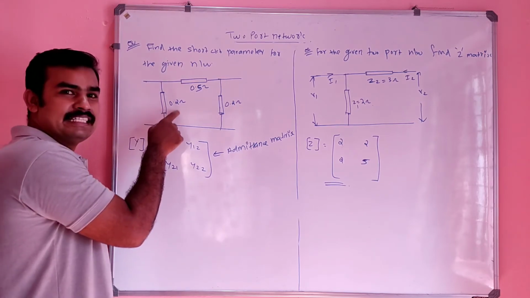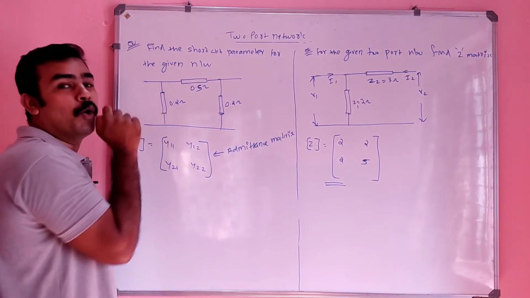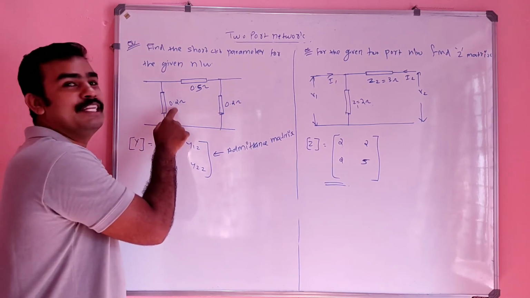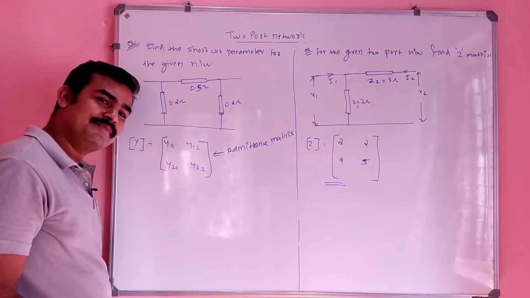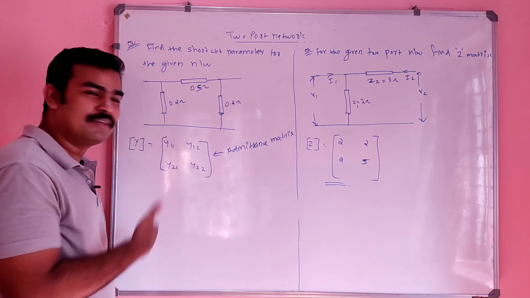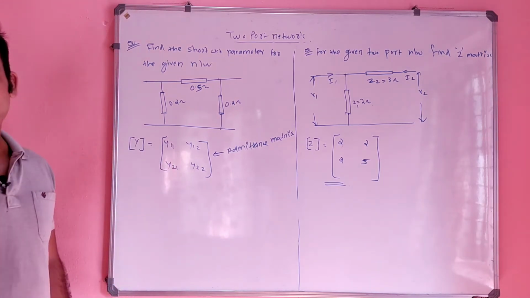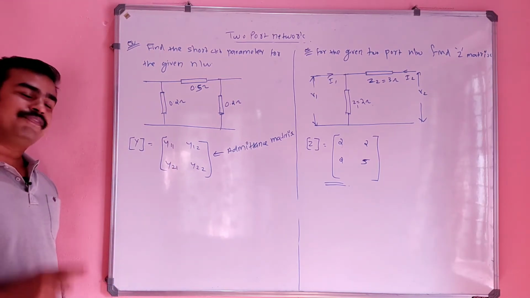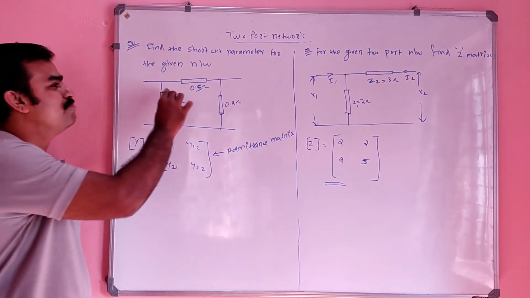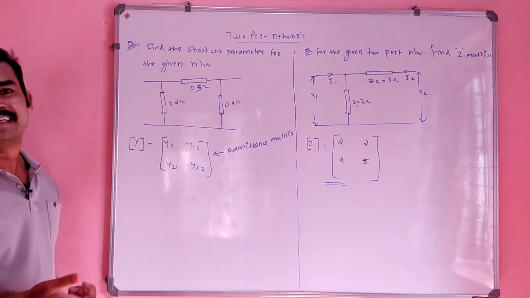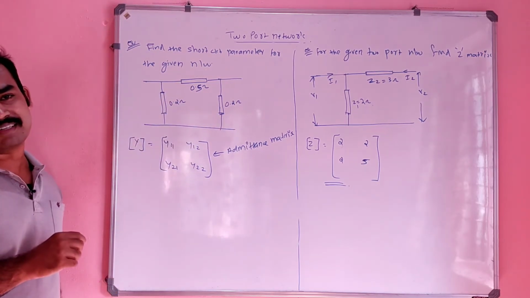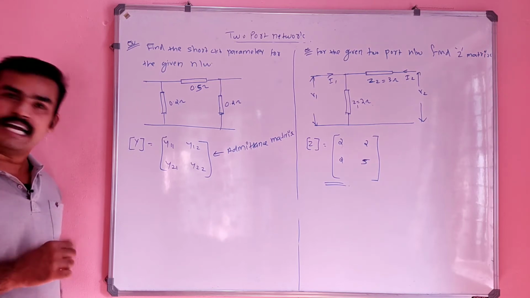Here it is in ohm, or impedance form. So can you directly go for the admittance matrix now? No, it will be wrong. First you have to convert this impedance to admittance. Then only you will get the admittance matrix.